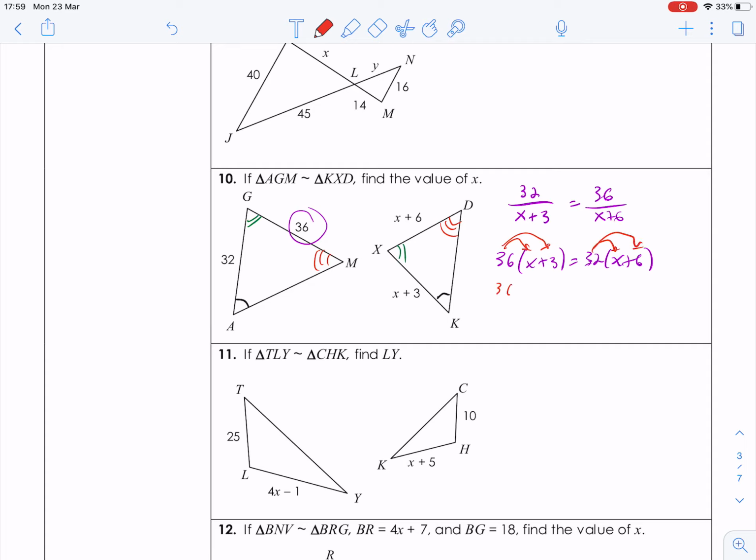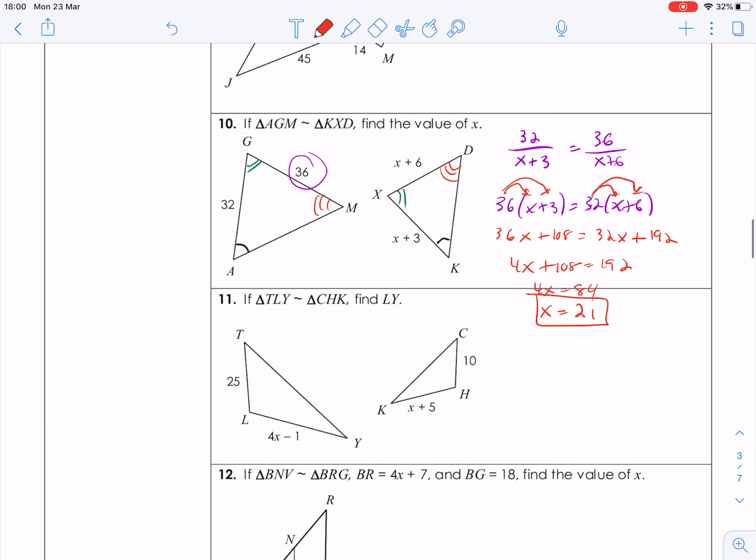So we get 36x plus 108 equals 32x plus 192. Then we solve for x. Get the x to the left. We get 4x plus 108 equals 192. 4x equals 84. And then x equals 21. There we go.